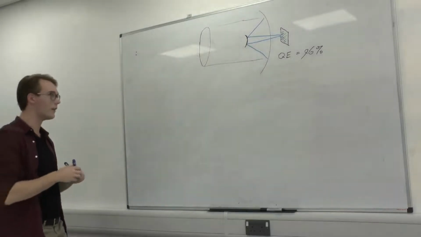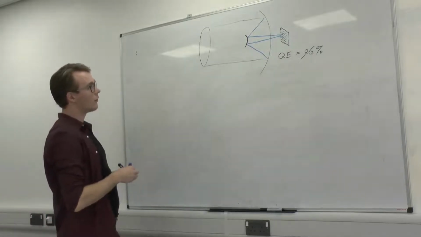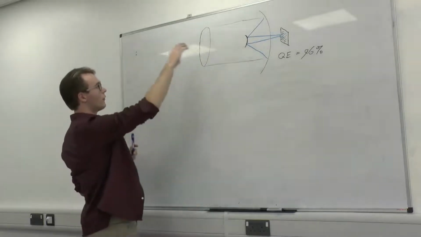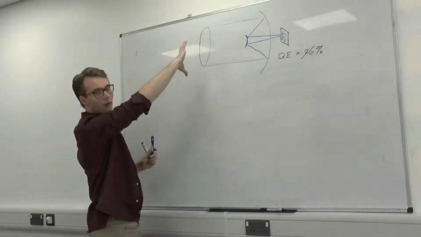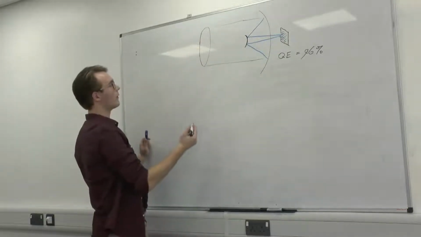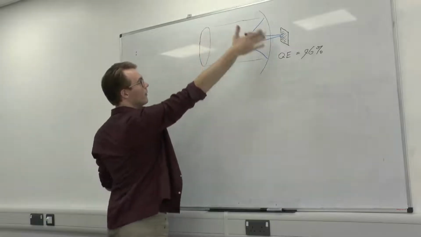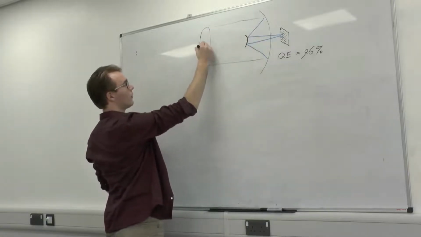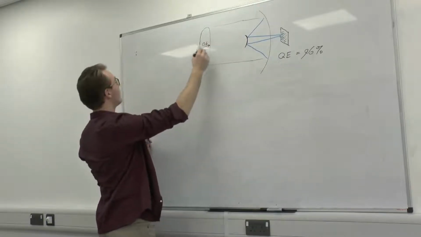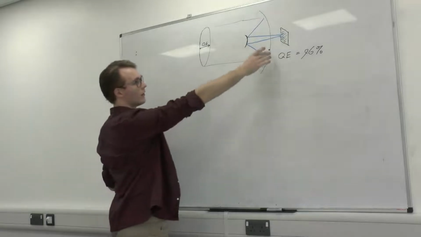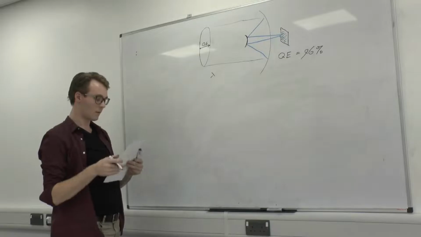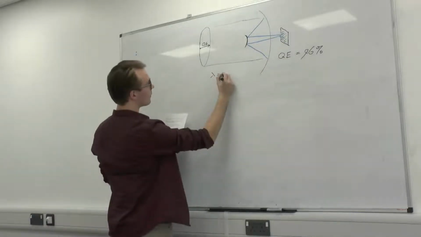Now there is an equation that you have to know that tells you how big this blob is going to be for a certain wavelength and a certain size of the lens that you're using. This is what question 2 is about. In this case, the size of the mirror that the telescope is using is 0.6 meters, and the wavelength that we're observing with and that this detector is sensitive to is, I think, 715 nanometers.